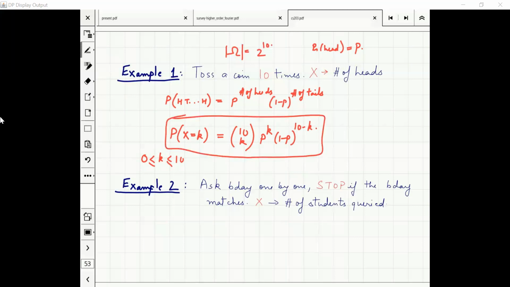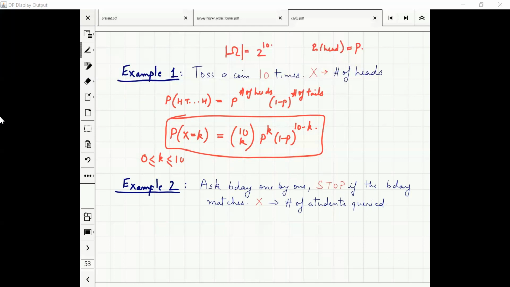Any question about this? This was simple, right? Let's take a slightly different, probably more complicated example. Suppose in a class of students, I start asking birthdays one by one, and once a birthday matches, I stop.